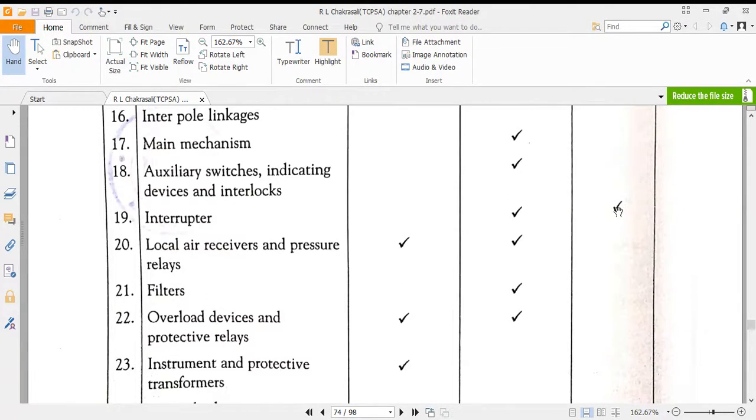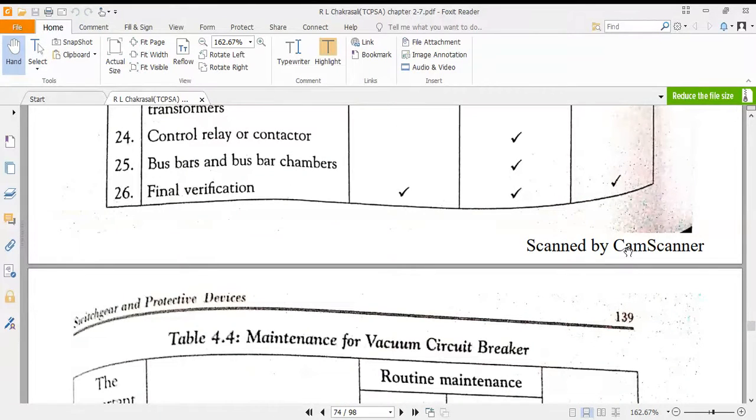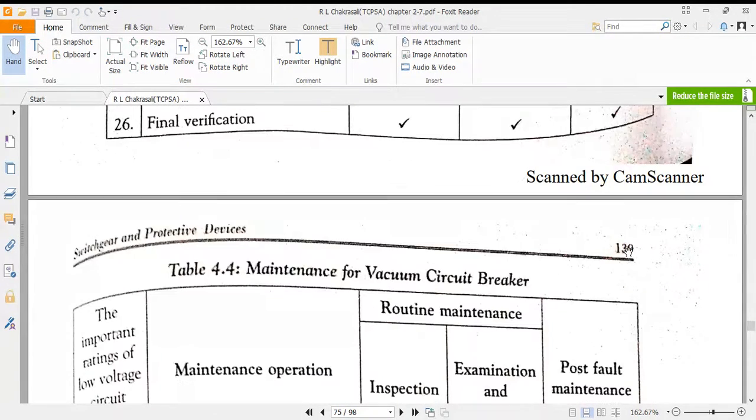This is after every fault, interrupter operations, then final verification. So after every fault, we observe all these things and we ensure that this circuit breaker is ready for taking the next fault whenever it happens.